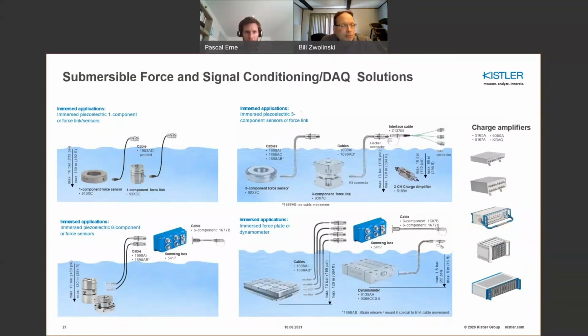There's also multi-component or 6-component sensors, which can also go down to say 13 bar or 190 psi in pressure. There are 3-component sensors that you see up in the upper right-hand part, which use removable cables as well as weldable cables, which is a selection, and based upon your scenario, you can choose either. They all work quite well. There's also now a submersible 3-channel charge amp, which we'll talk about shortly.